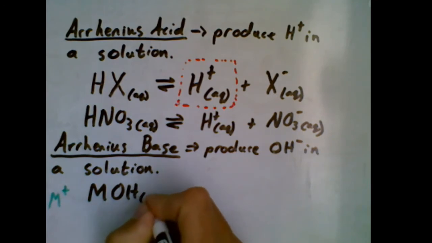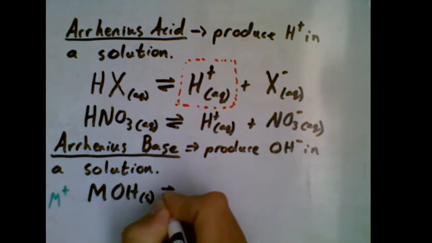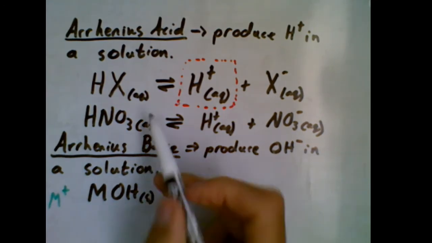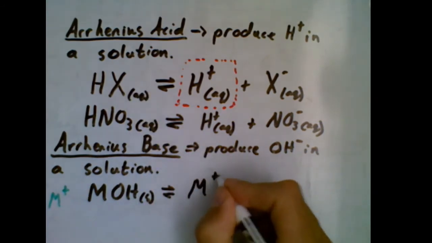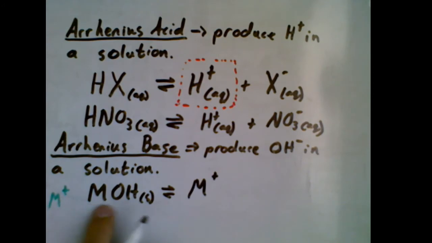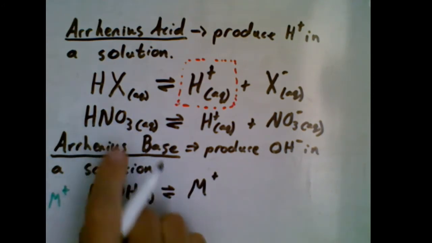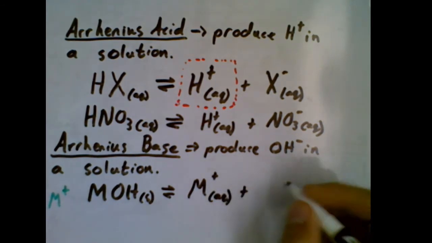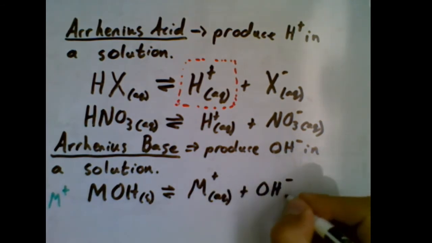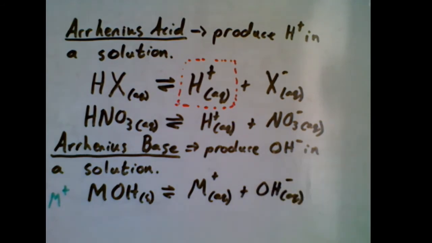When we dissolve these, the one thing you may notice is I put solid here, whereas I put aqueous up here. That's because when we have a base, they are ionic solids, whereas acids are actually covalent compounds. But then it's going to dissolve, and we are going to produce that OH- into the solution.